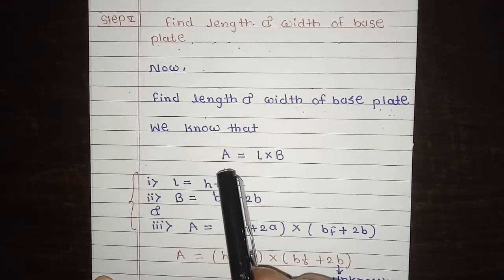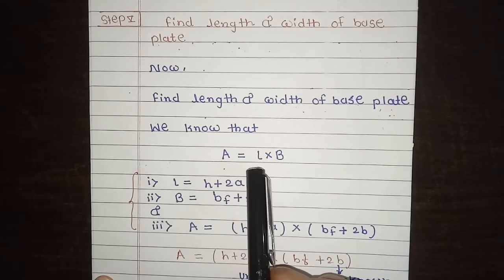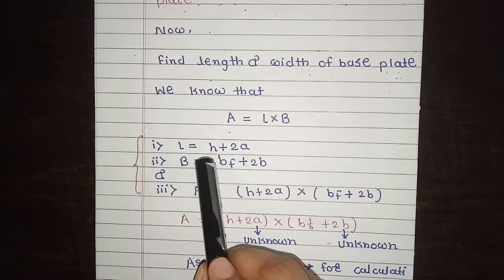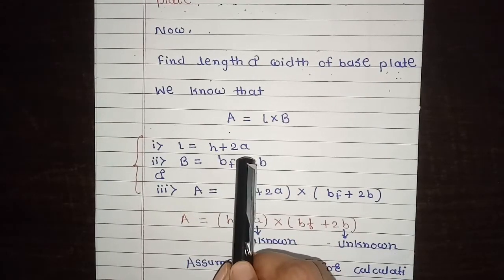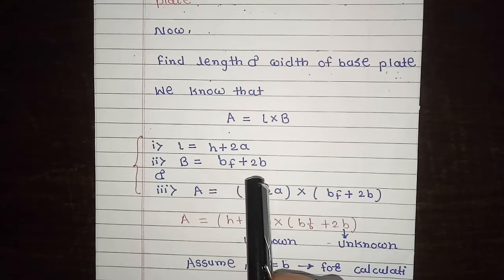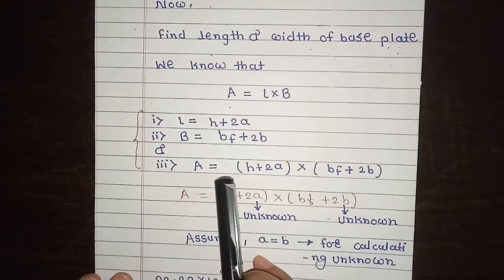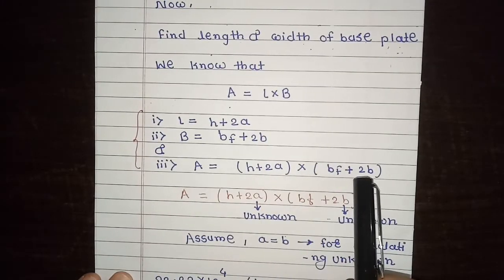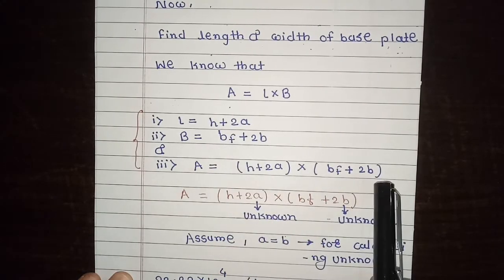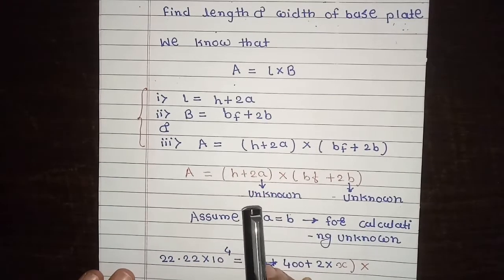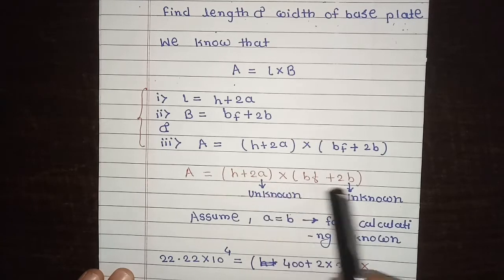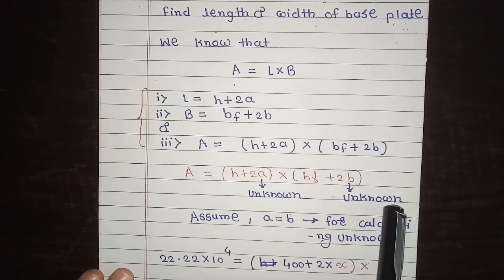We know that area of base plate is equal to L into B. So L is equal to H plus 2A and B is equal to BF plus 2B. But A and B are unknown factors.